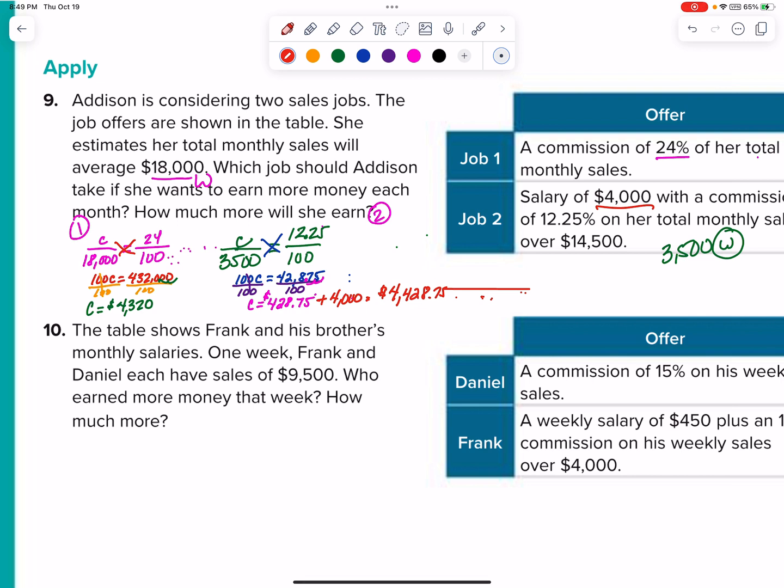So let's find a spot to write this. Which job should she take? She should take job 1. How much more will she earn? Let's do the subtraction. So I'm just going to show it like this. Subtraction. Find out how much more.